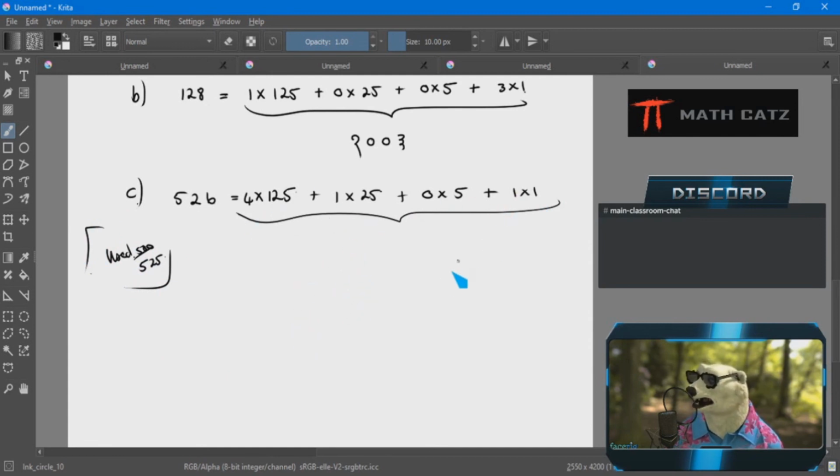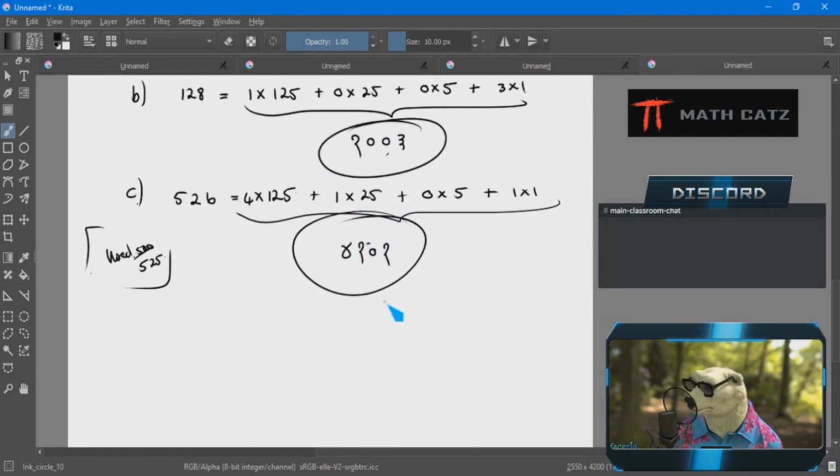I will then again have a 4-place number. 4 symbol for the number of 125s. 1 symbol, 0 symbol, 1 symbol. And there is the base 5 equivalent representation using the Devanagari symbols.